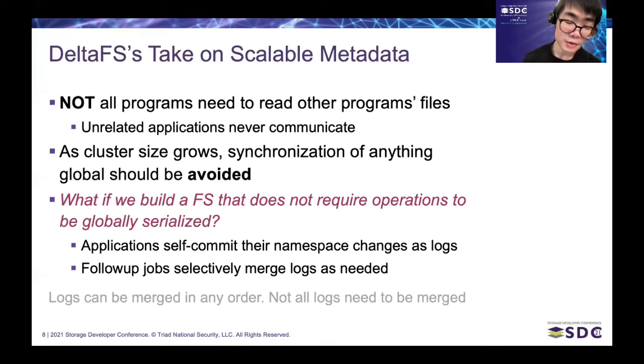So for example, we have a file system where applications are able to self-commit their namespace changes as logs, and store these logs in their shared underlying storage. And then follow-up jobs basically just selectively merge logs produced by previous applications for their input. In that case, we don't really have a global namespace, and we don't need any dedicated metadata servers to maintain this global namespace.